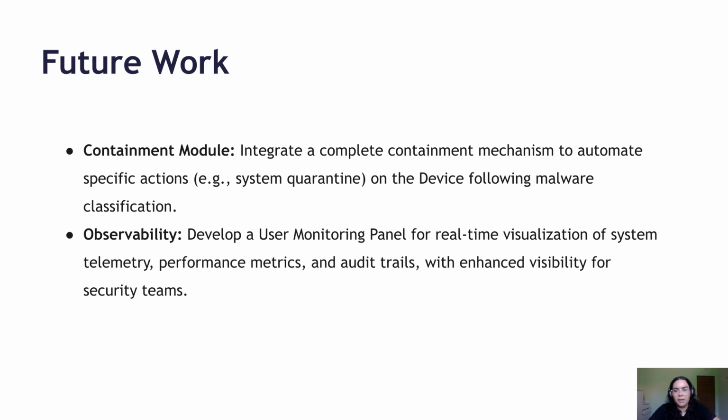These actions might include isolating the infected process from network resources, terminating the malicious process, quarantining the entire system from the corporate network, or alerting security administrators for manual investigation. Second, observability. We plan to develop a user monitoring panel, essentially a dashboard, that provides real-time visualization of key system telemetry.